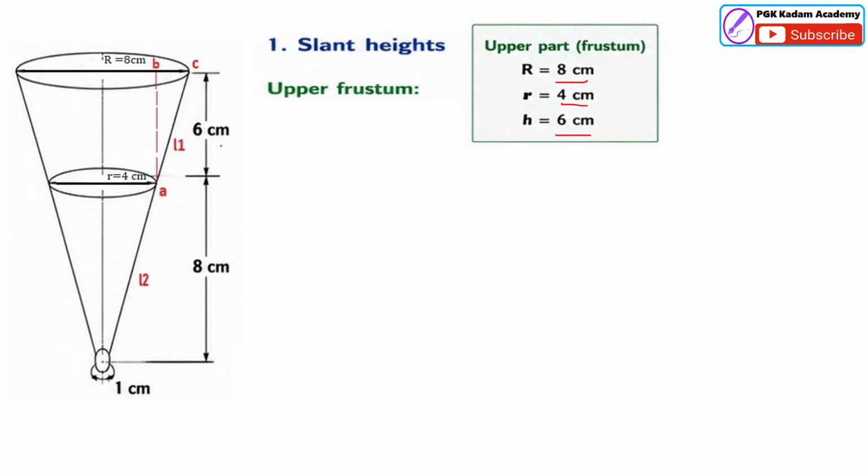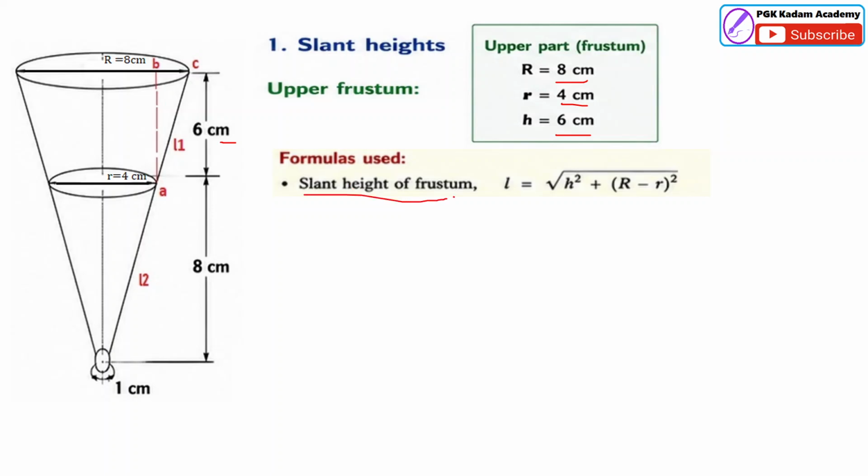Which is the vertical height? We know this formula used to calculate the slant of any frustum. That L is the length. This L we have to find out, here L1.